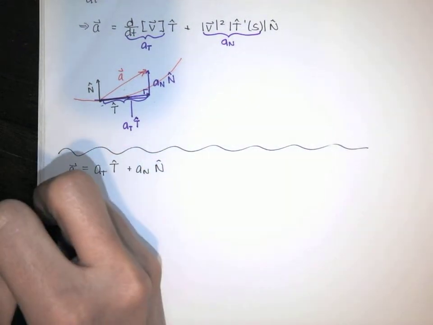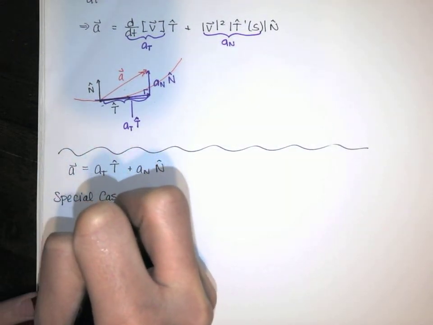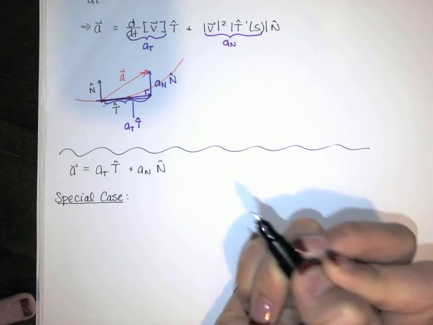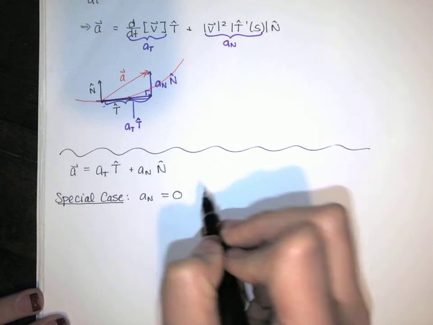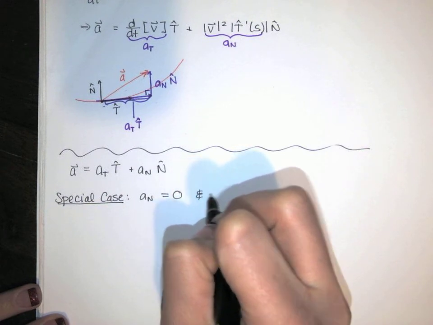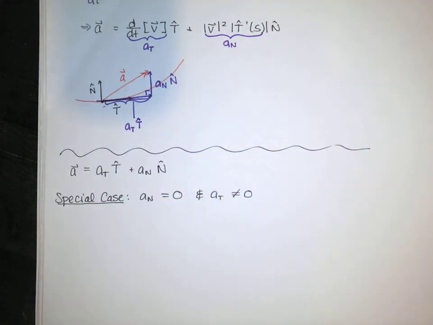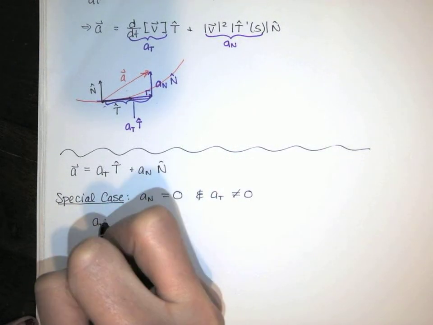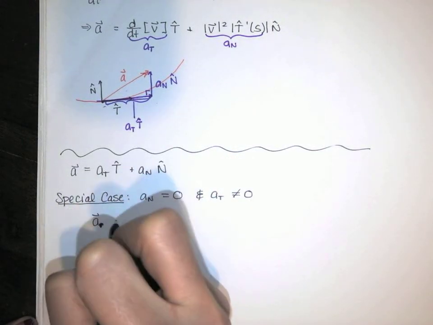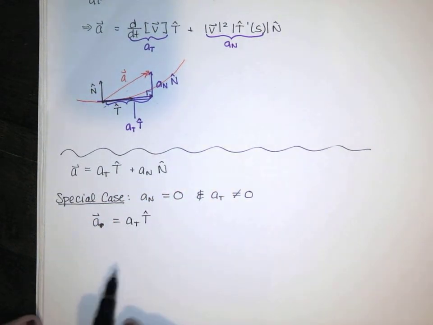Okay, so first special case. Let's assume that a sub n is 0 and a sub t is not 0. Now, if a sub n is 0, that means a, our acceleration vector, is just a sub t times t hat.